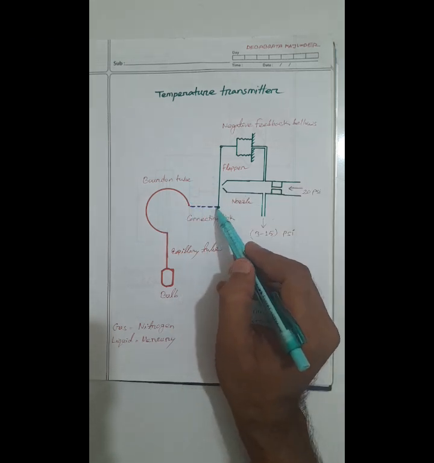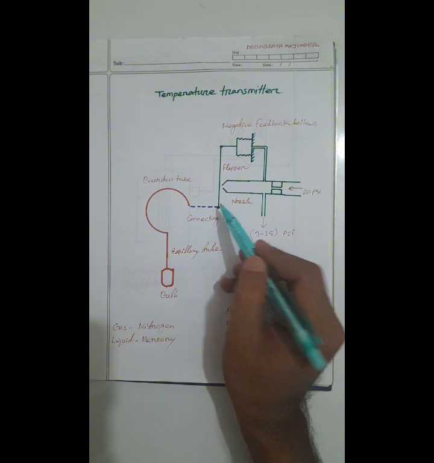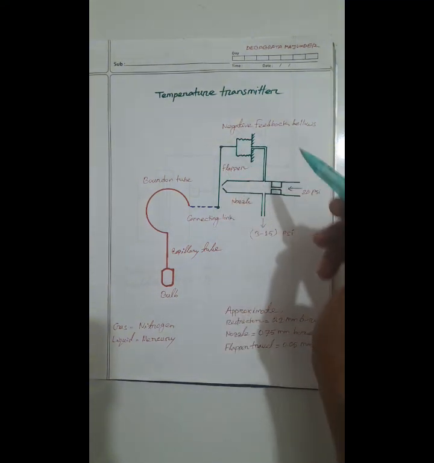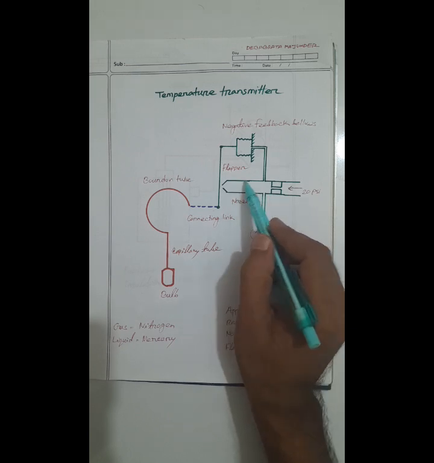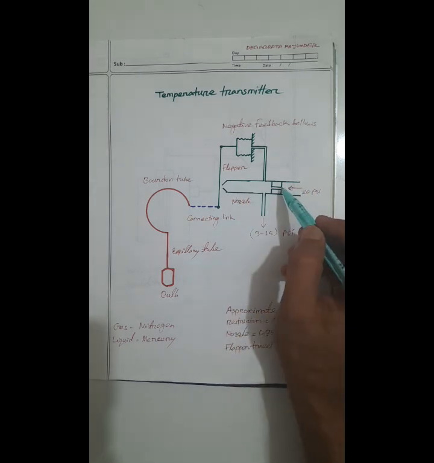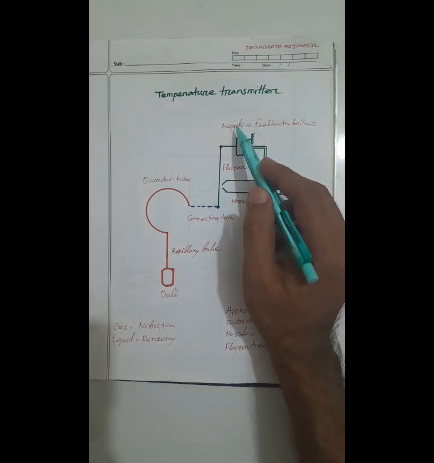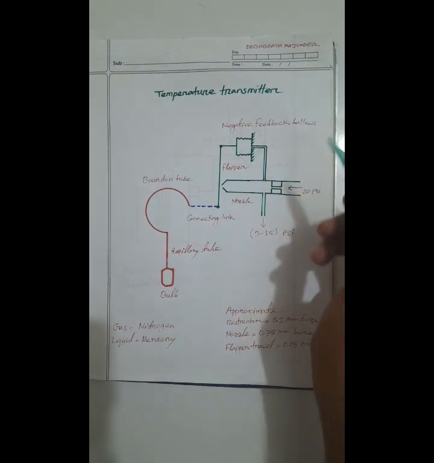This is the connecting link. This is the flapper. This is the nozzle. This is the restrictor. And here is the bellows. This bellows is known as the negative feedback bellows.